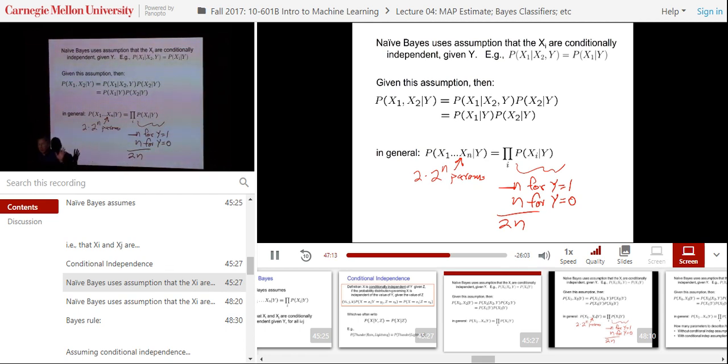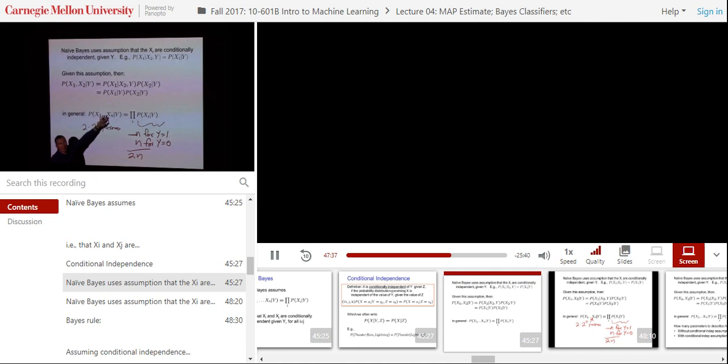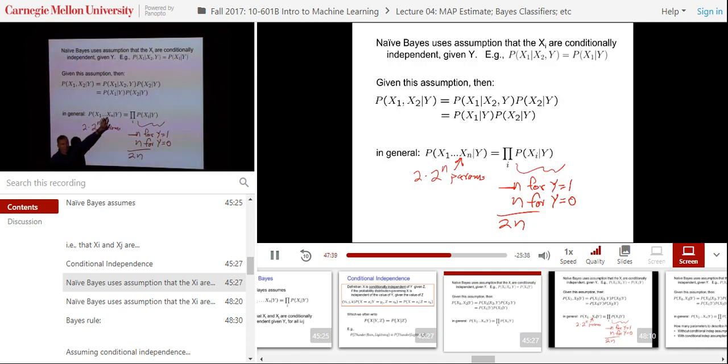So it's a huge reduction in the number of parameters used to represent this distribution. Now, the trade-off here is real. With this representation, we could have the whole joint probability table and assign a different probability to every single combination of features.